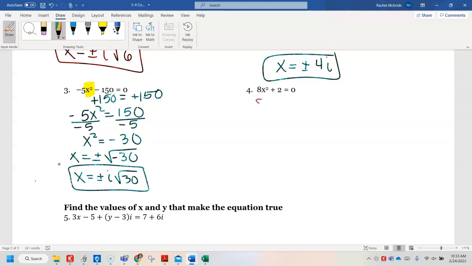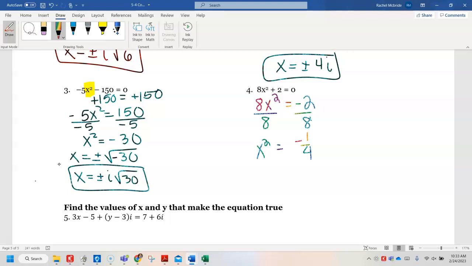Solving for x squared in number 4, you get 8x squared equals negative 2. Divide that by 8, and I get x squared equals negative 2/8, which is the same as negative 1/4. 1 and 4 are both perfect squares again.